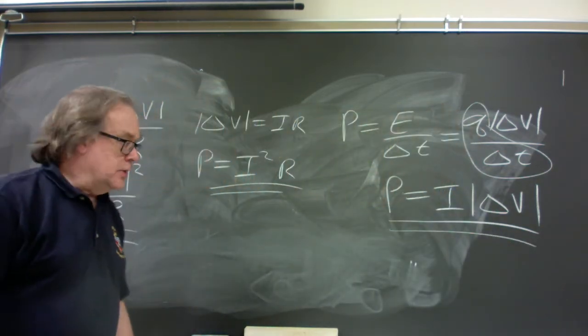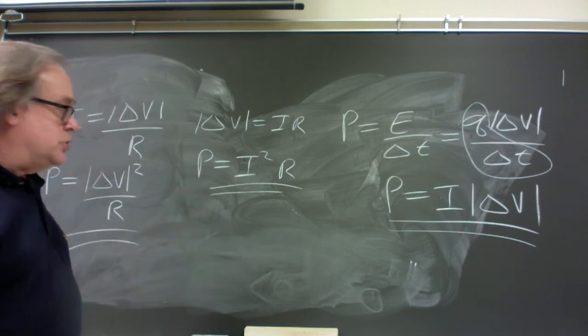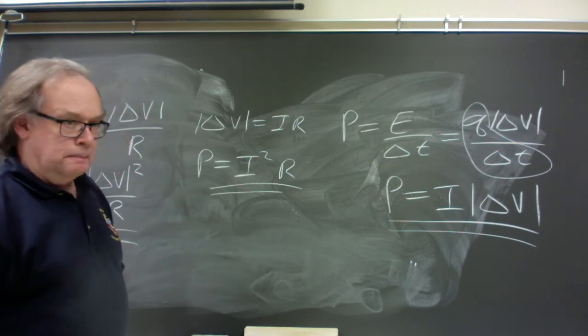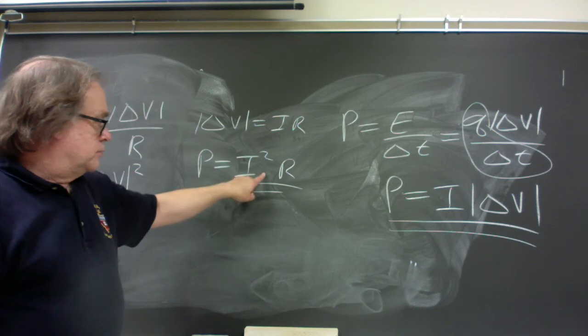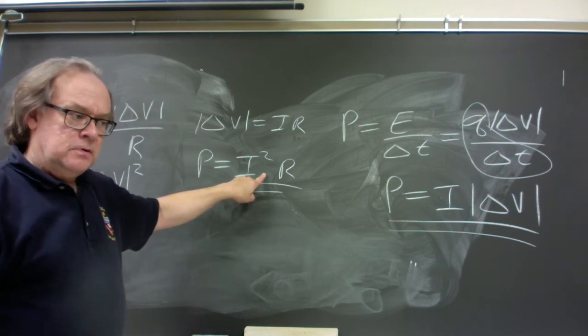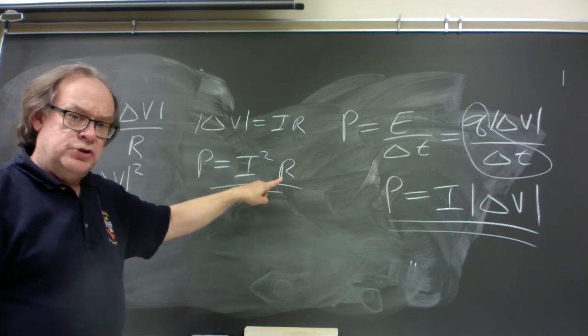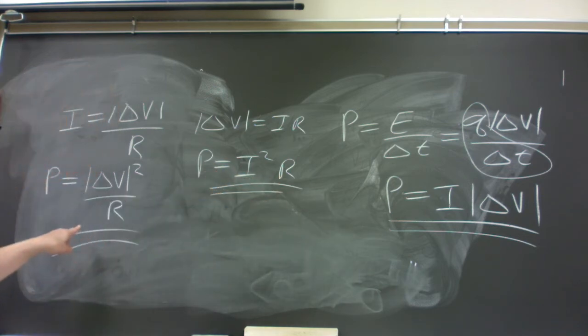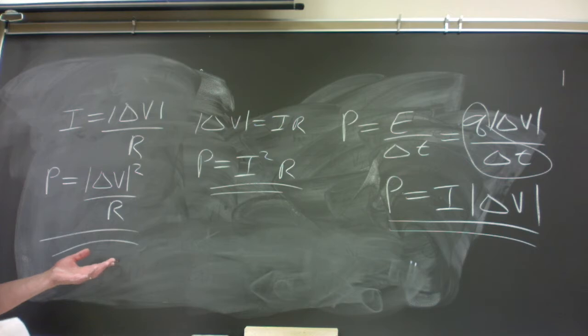Superficially, comparing these two, you might think this rule says power is proportional to resistance, and it looks like this rule says power is inversely proportional to resistance. Well, that's true sometimes.